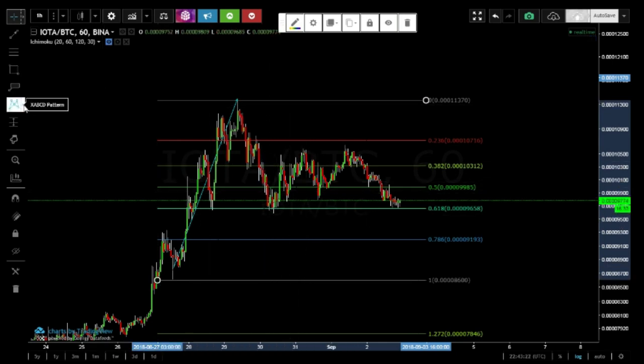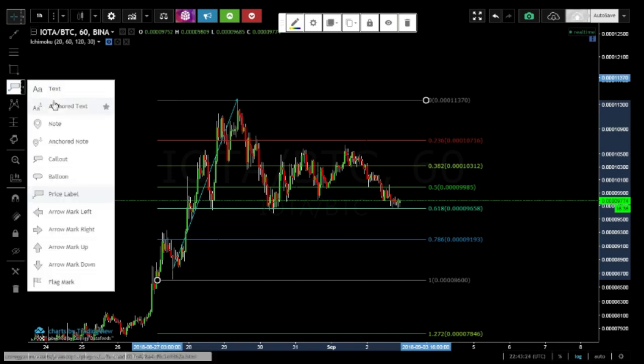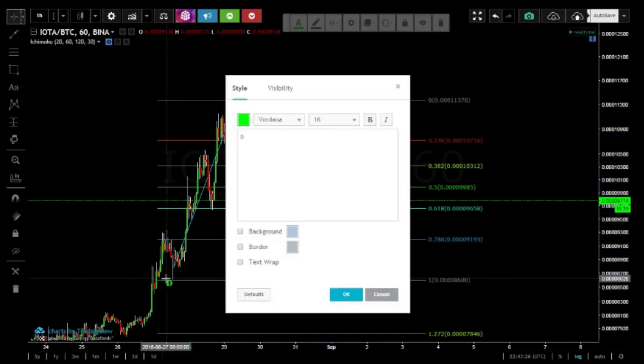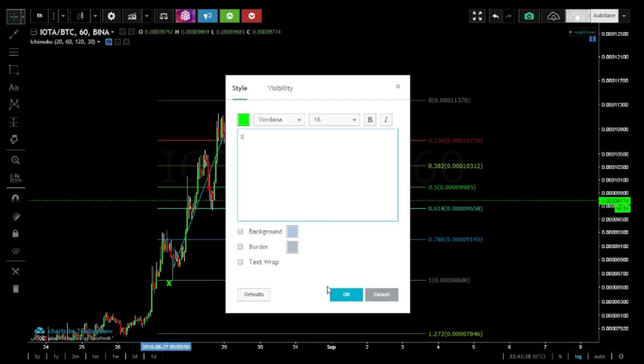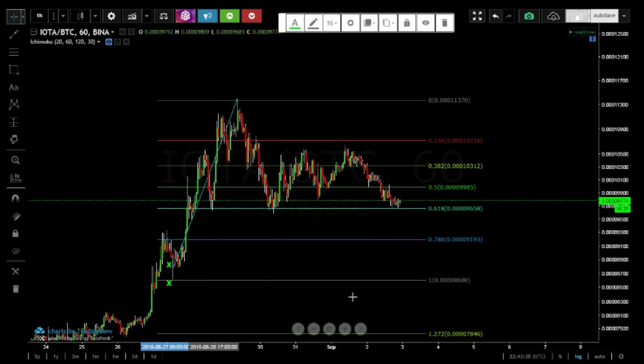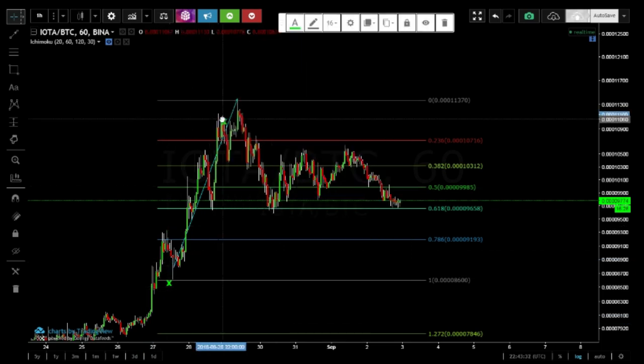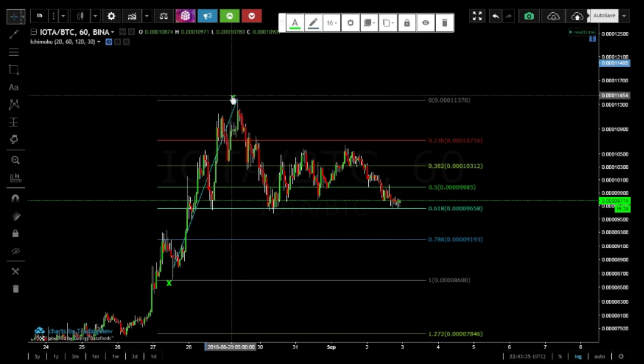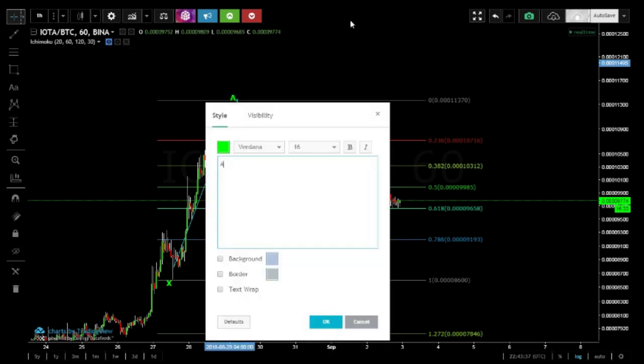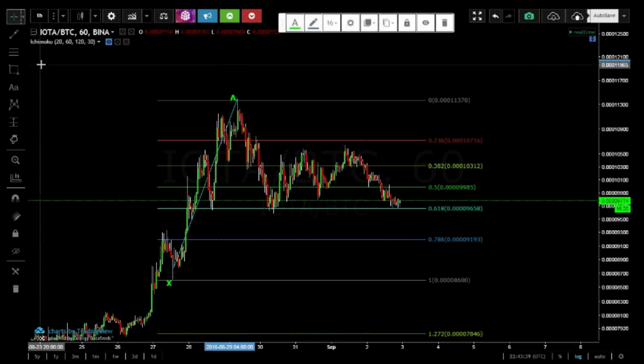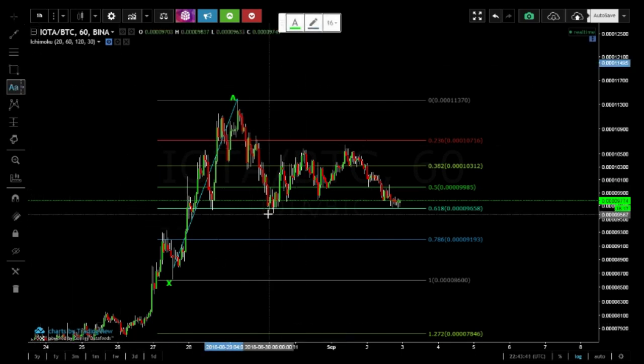So we have the X leg here, followed by the A leg. Then after that we have the B leg.